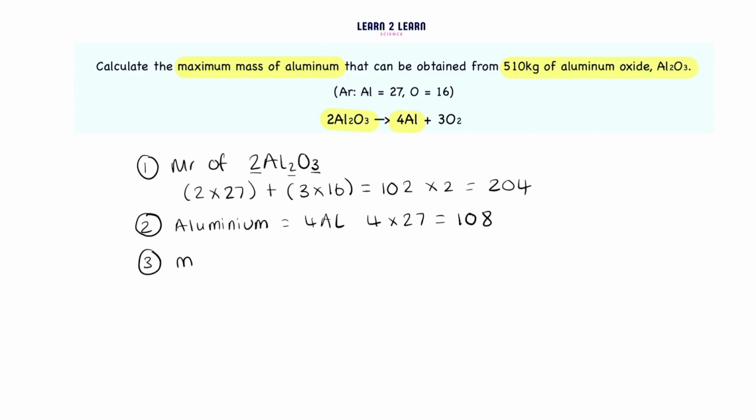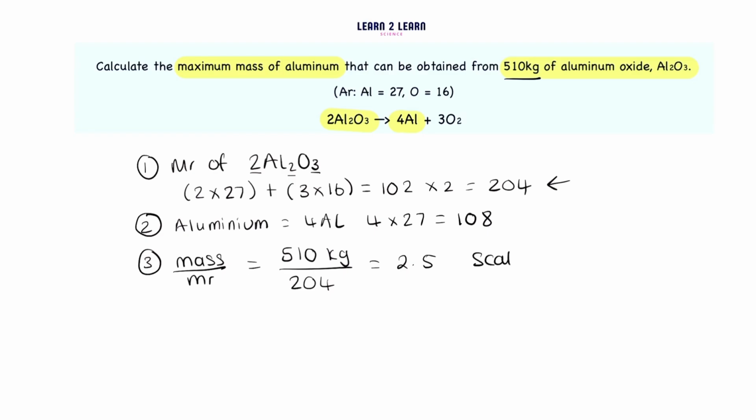To work out my scale factor, I'm then going to do mass divided by MR, unknown from the questions and from what we've already worked out. We know 2 bits of information about the aluminium oxide, which is why we are going to do this one in step 3. So 510 kilograms, divide that by 204 gives us 2.5.